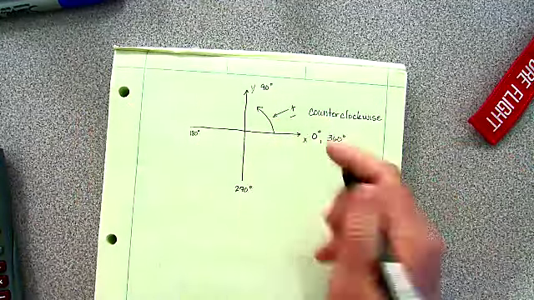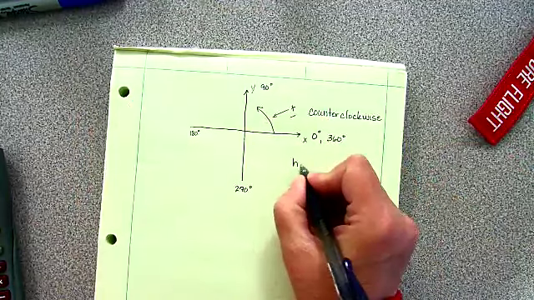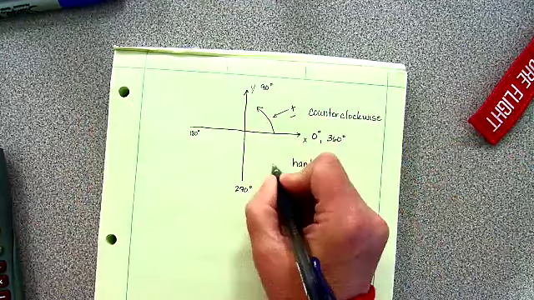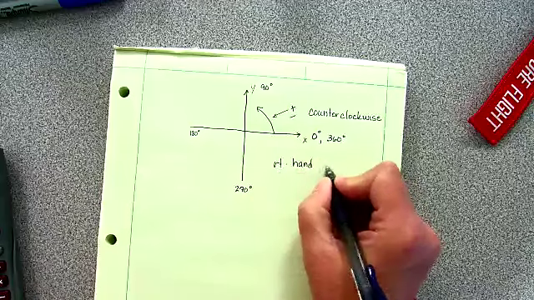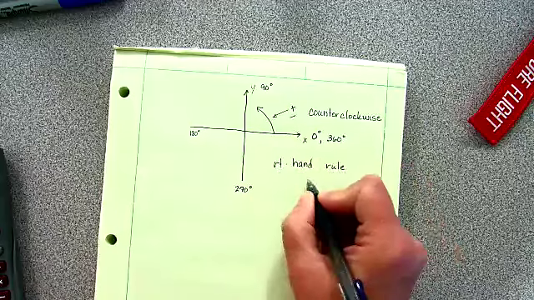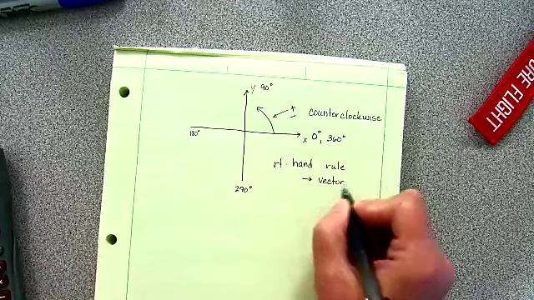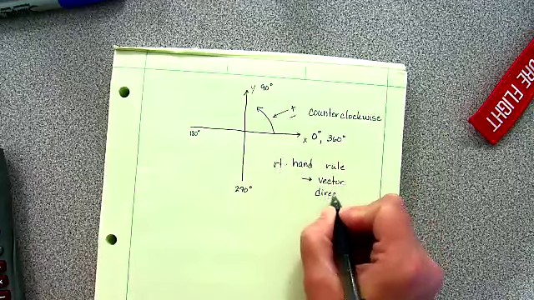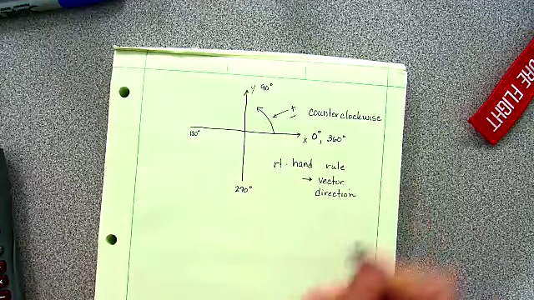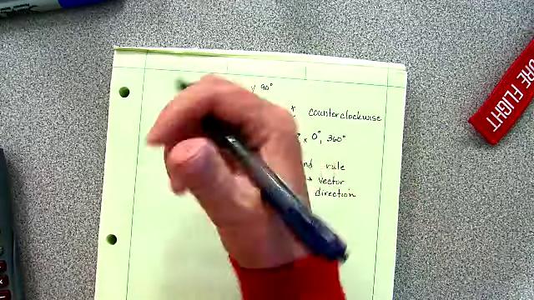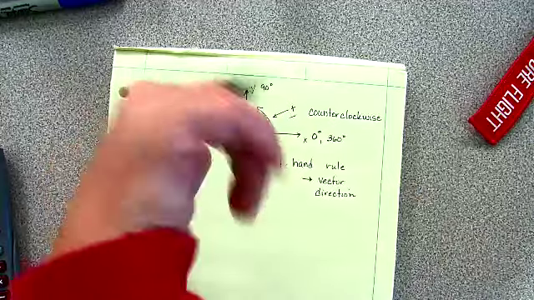And the reason we're going to do that is called the right-hand rule. And that's going to give us a vector direction associated with coming out of the page or going into the page.